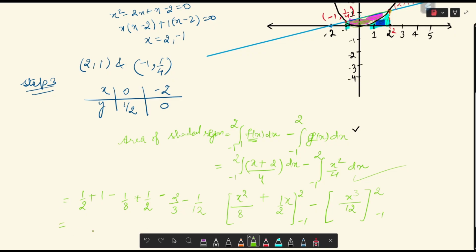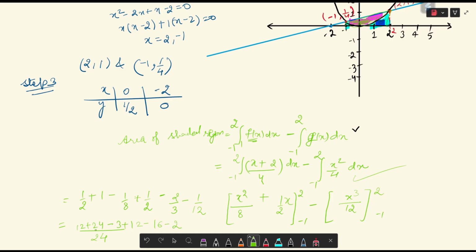So solving it we will get the result. So let me take 24 as LCM. So it will be 12 plus 24 minus 3 plus 12 minus 16 minus 2.